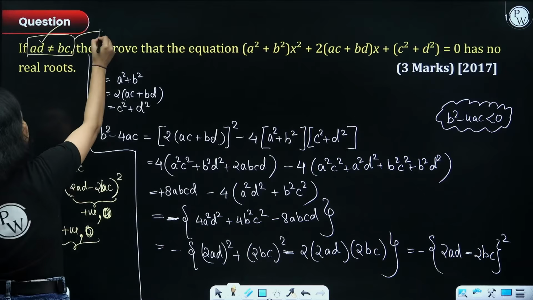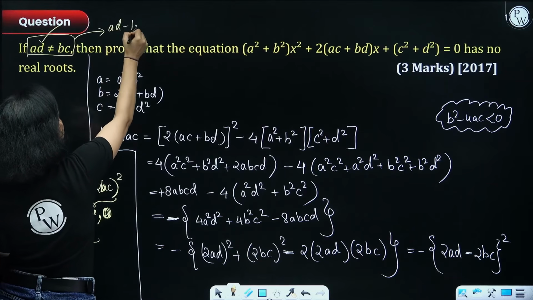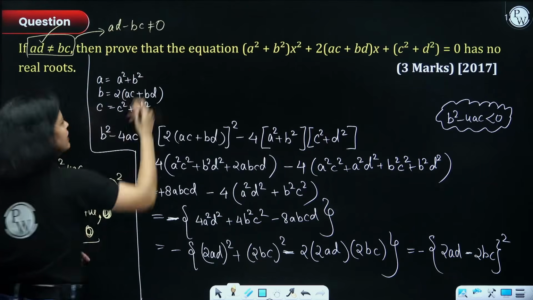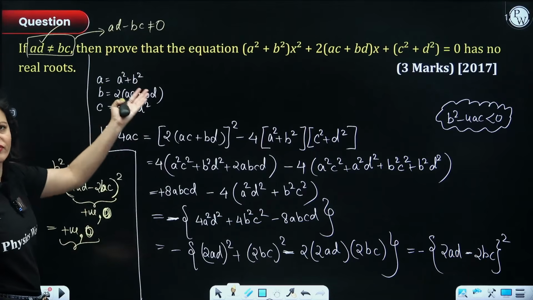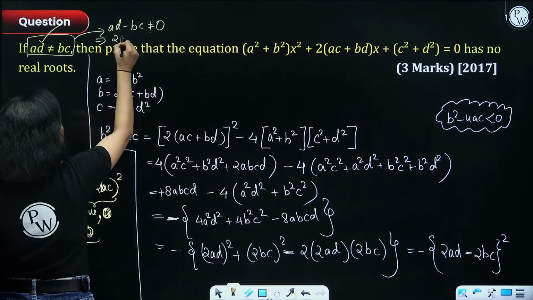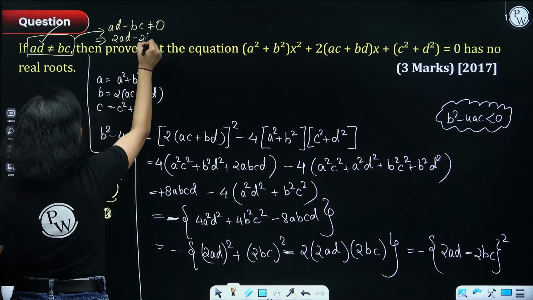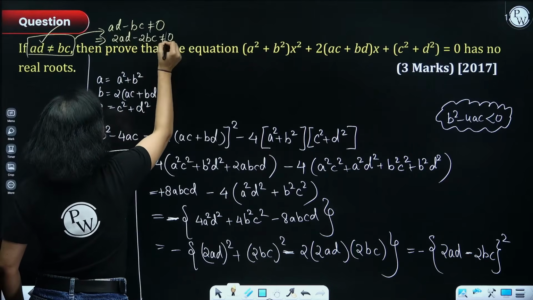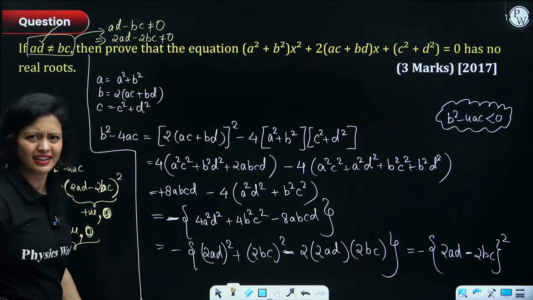And that simply means that AD minus BC is not equal to 0. Obviously, if AD is not equal to BC, then their subtraction is not equal to 0. Now, that tells us that twice of AD minus twice of BC is also not equal to 0. I just multiplied 2 on the left hand side. I can do that, right?